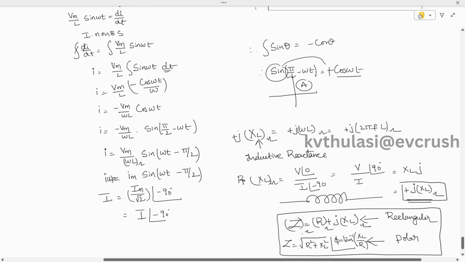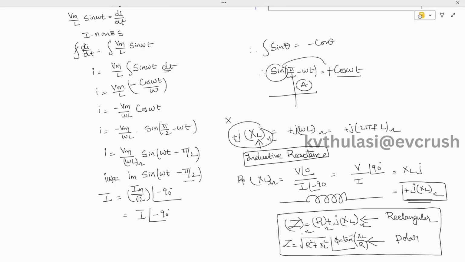This is what we call inductive reactance, which is plus JXL, plus J omega L, which is plus J 2 pi FL ohms. That's how we have the current at minus 90 here, and how to write the polarities like this. So this you have to remember.